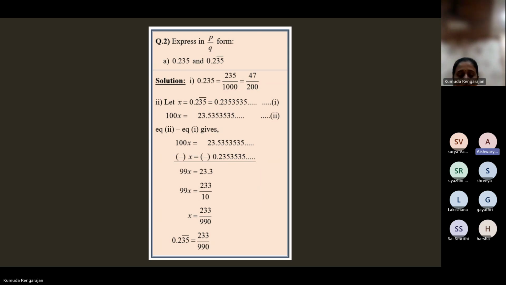Ma'am, the notes you'll be sending us today, will it be all the questions we did in class, but in order? Yeah, correct. So write all of it in your normal classwork. Correct, yes.